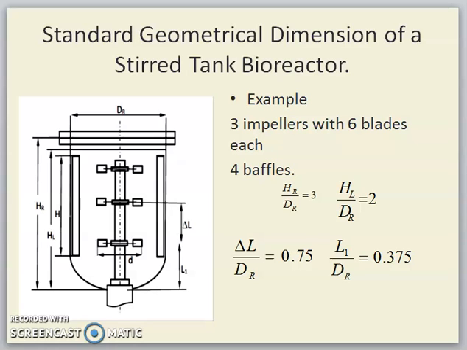Alright, this is the standard geometrical dimension of a stirred tank bioreactor. For example, here we have 3 impellers, each with 6 blades, and we have 4 baffles.